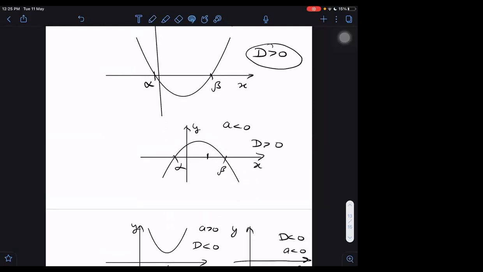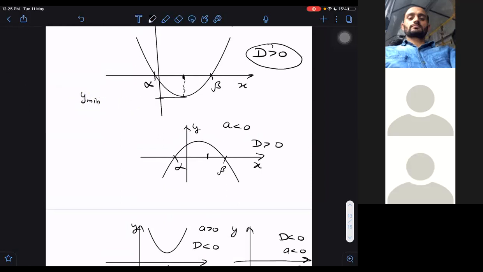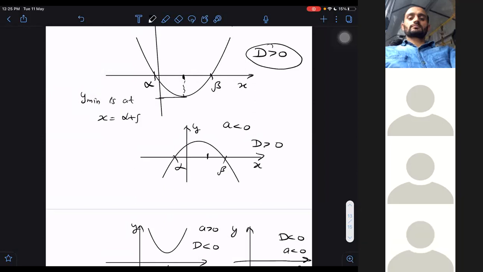One more thing I want to mention here. Where is the minimum value? Minimum value is 4ac minus b square by 4a. Why is the minimum at x equal to minus b by 2a? It is alpha plus beta divided by 2.